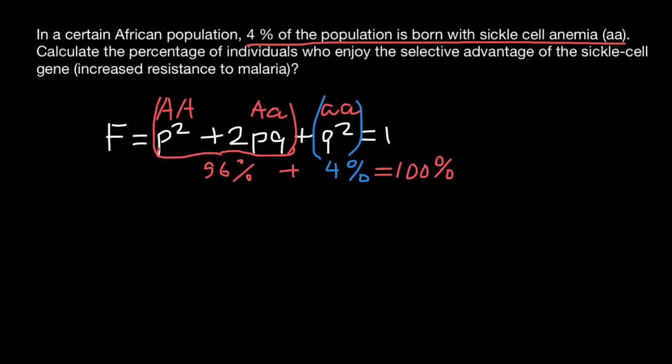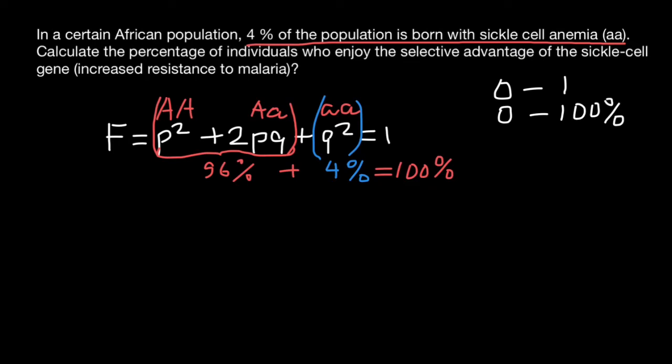So all calculations that we are doing are on the scale between 0 and 1. And as you see, the numbers we are given are on a different scale, in percentage form, on the scale between 0 and 100%.